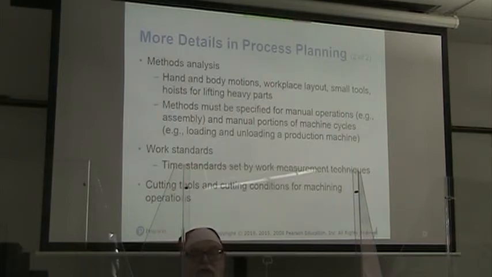Our methods are going to have to be specified for manual operations like assembly and the manual portions of the machine cycles, loading and unloading a machine, or securing things in a jig or a fixture.